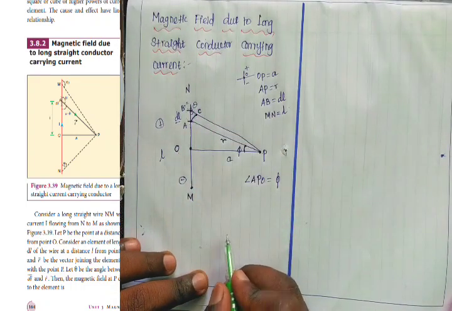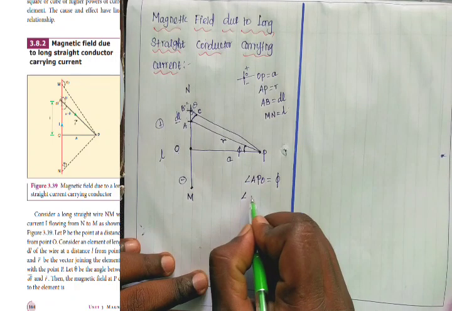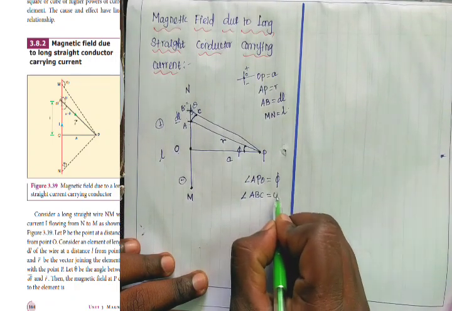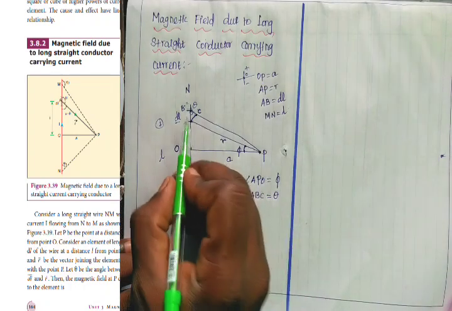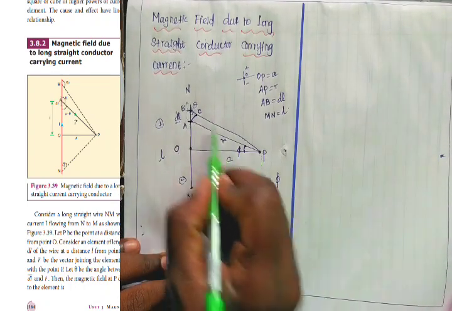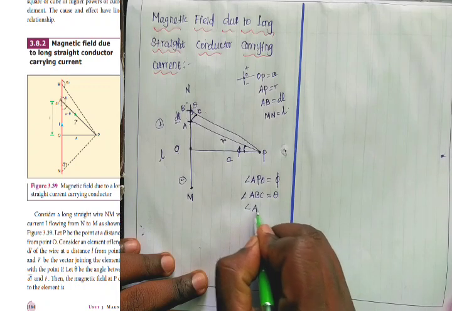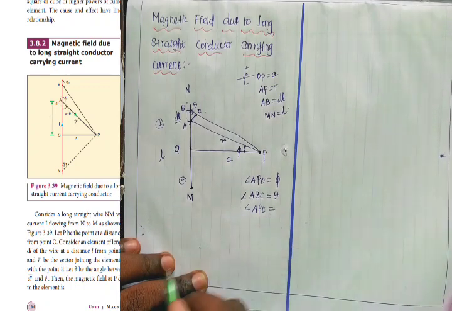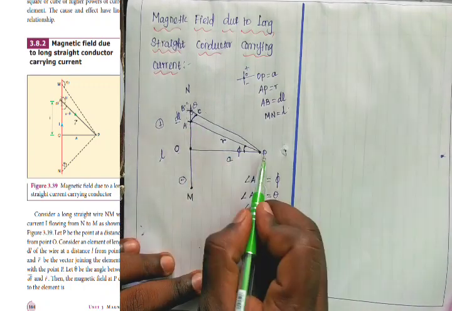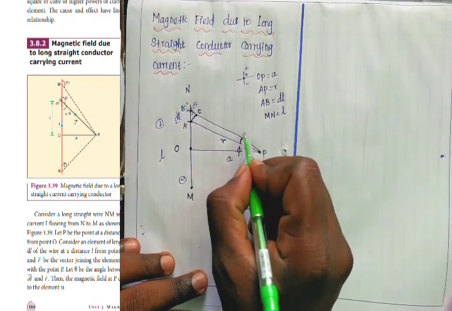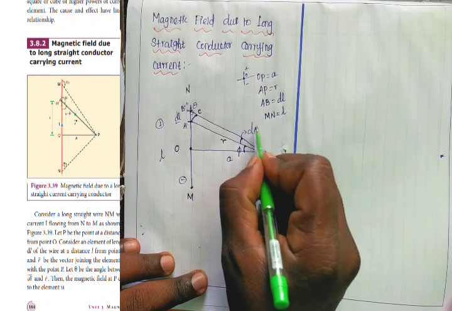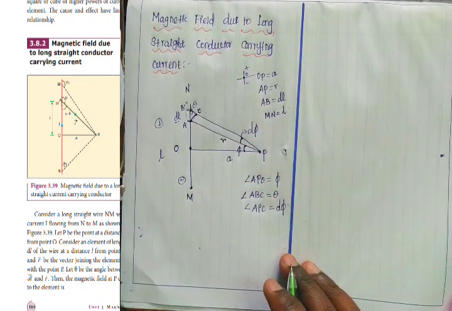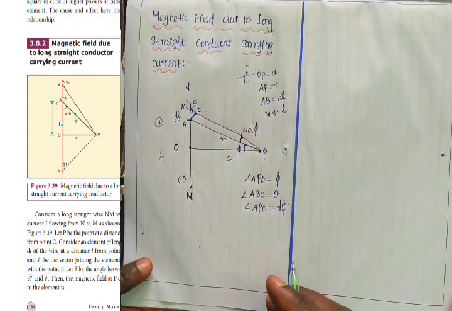The angle value is theta. That means angle ABC is equal to theta. The next one is angle APC, which is equal to d phi. Right.